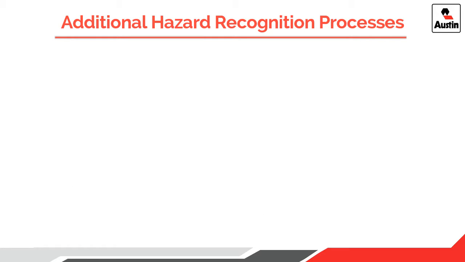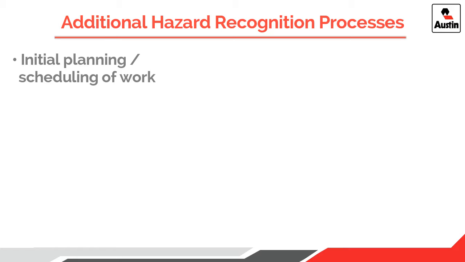In addition to the JSA process, there are numerous other tools that we can use to identify hazards before we start work. Safety should be integrated into the initial planning and scheduling of the work request. This is the opportunity for management, supervision, and safety to identify key elements to perform the work safely.